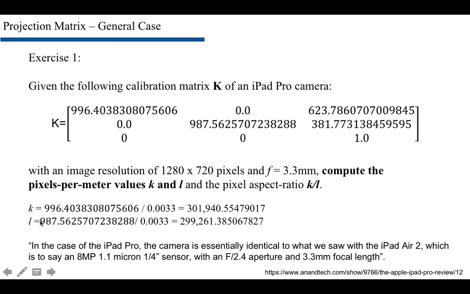In the case of Y, the vertical axis, this is what OpenCV is giving us, and we do exactly the same because it's the same focal length for X and Y. It's almost 300,000. And if we divide k by l, we can see this is almost 1. So we assume that we have what we call square pixels: the size of a pixel in X and Y is the same.